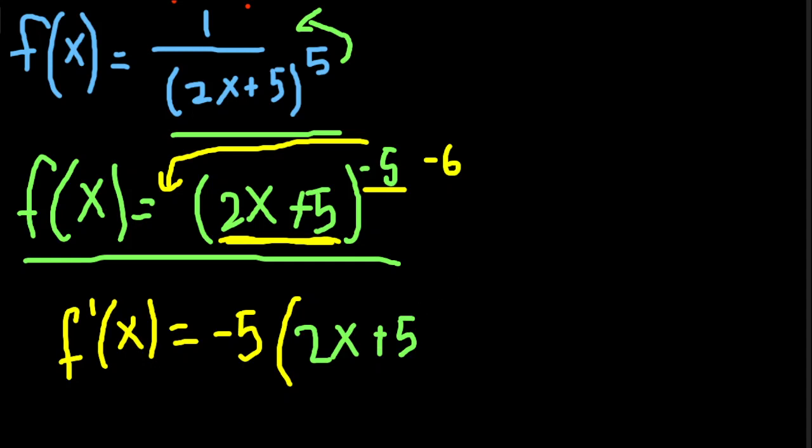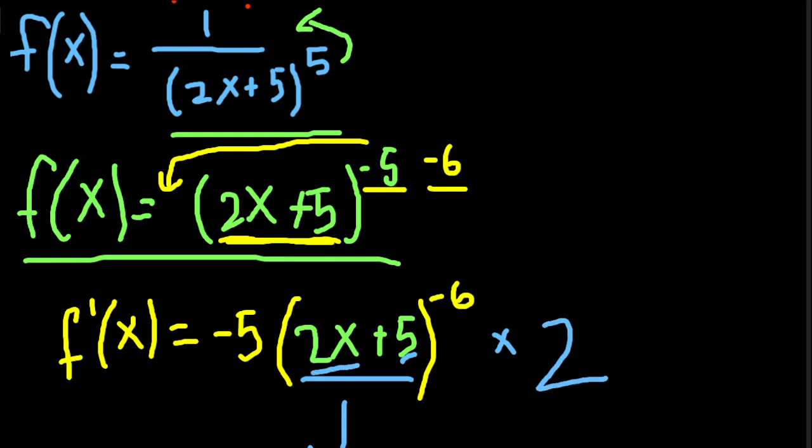Obviously the exponent changes to minus 6. And one thing we need to do, like we mentioned, is to multiply by the derivative of this. The derivative of this is just 2 again, because the constant is 0 and the derivative of 2x is just 2.